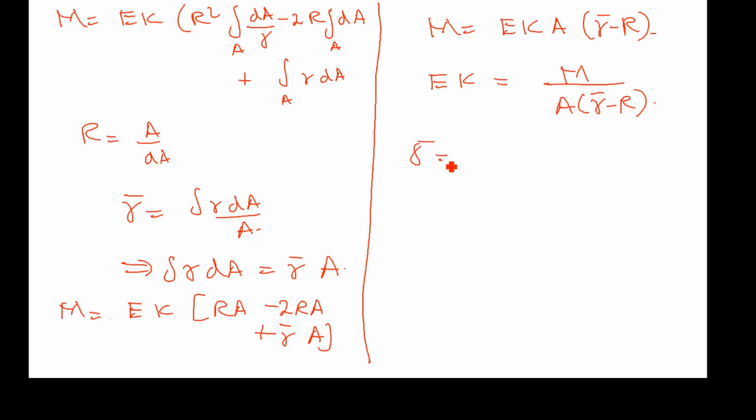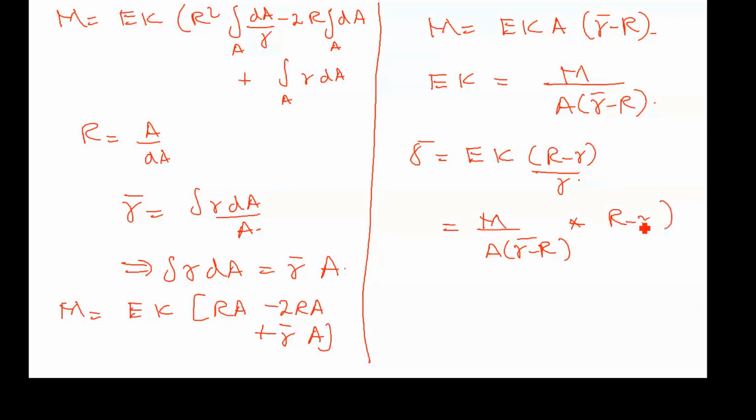As we know, stress is equal to E into K into (R̄ minus R) divided by R, which is actually equal to M divided by A into (R̄ minus R), multiplied by (R minus R̄) divided by R. So the formula for stress is going to become equal to M into (R̄ minus R) divided by A into R into (R̄ minus R).